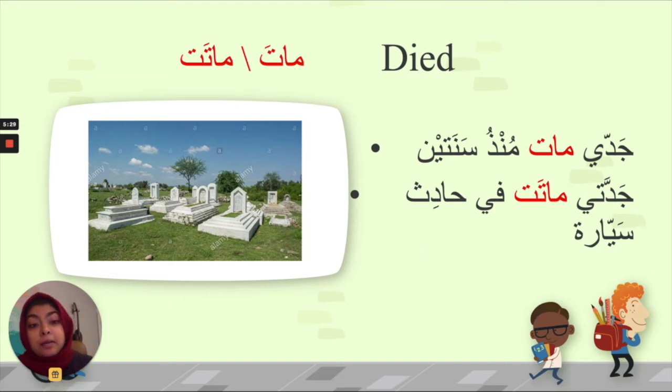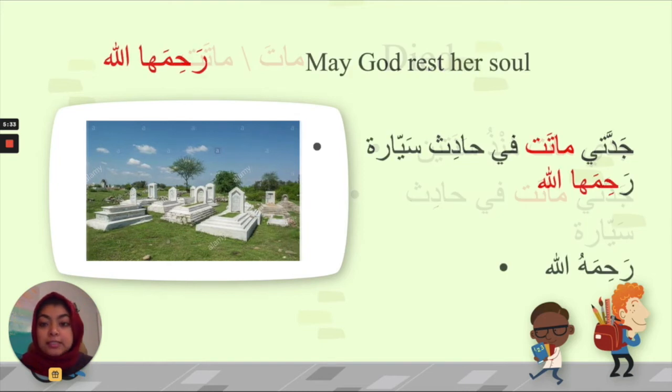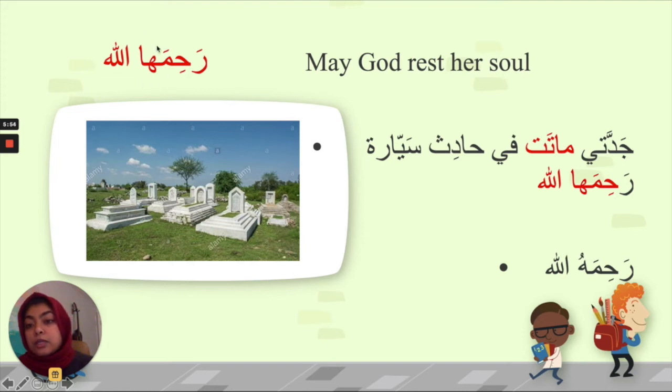Now when we're talking about someone who has passed away, you have to say this after it. So we have rahimahullah. So may God rest her soul. This right here is the feminine version because rahima is to rest or to have mercy upon. And then Allah is the word for God. So God rest her soul, right? This ha is referring to her.